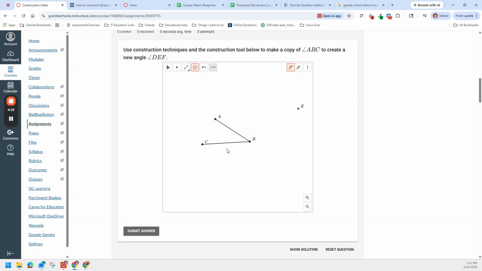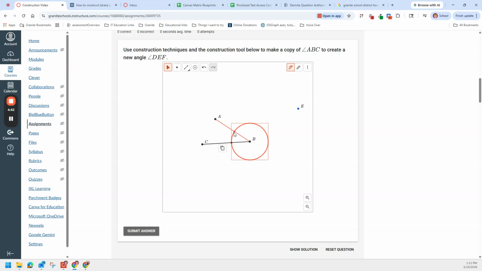Now, in order to copy this, first thing I'm going to do, I'm going to create a circle. Now, this circle that I'm making right now, the length doesn't really matter. What matters is that I'm going to start it on B. All right, there we go.